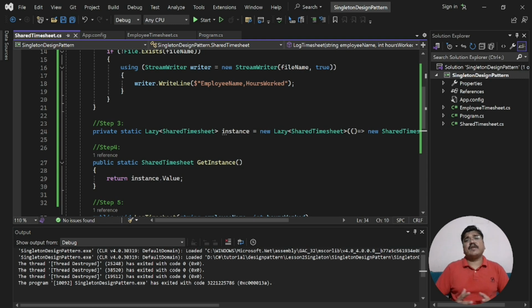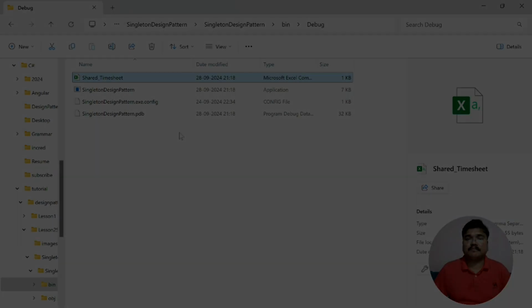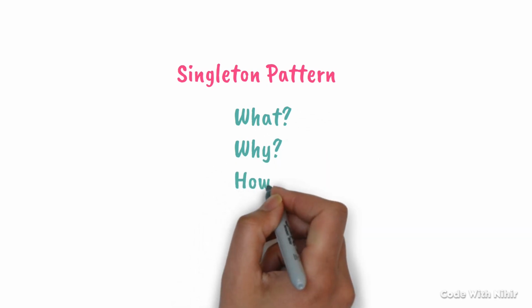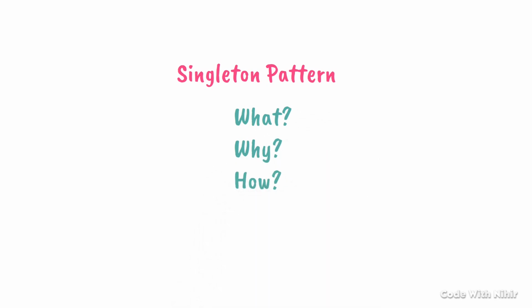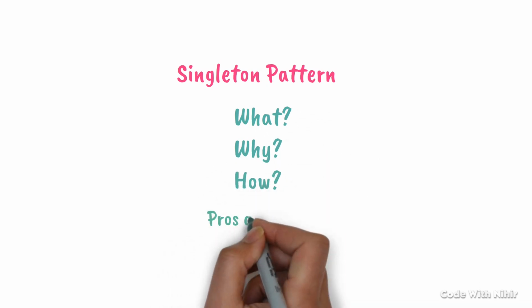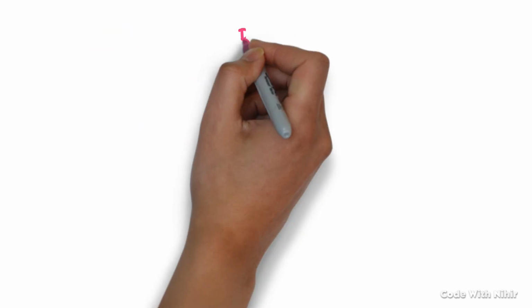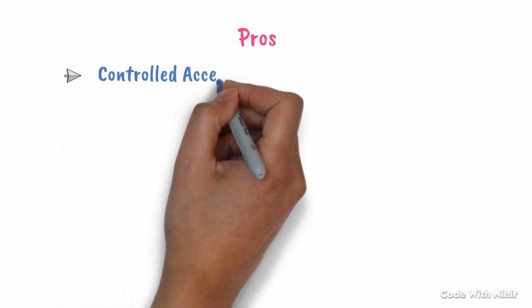So these are the various variations of singleton pattern. Now that we understand the what, why and how of the singleton pattern, let's discuss its pros and cons. Let's first discuss the pros or benefits of singleton pattern. Number 1, controlled access.